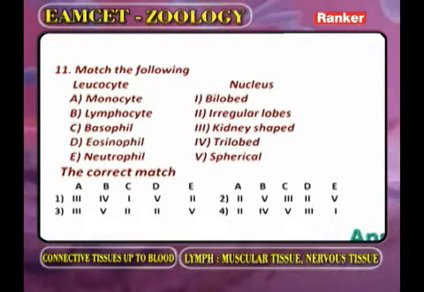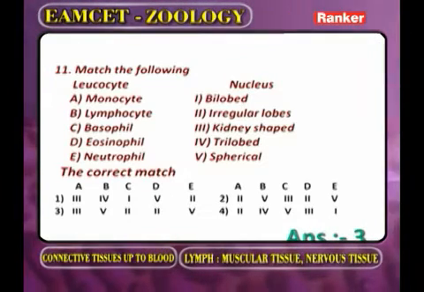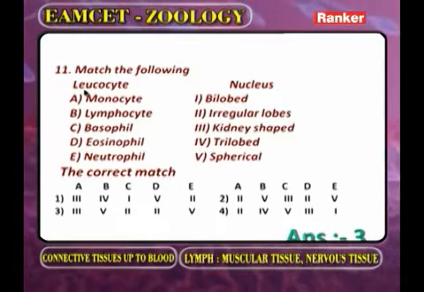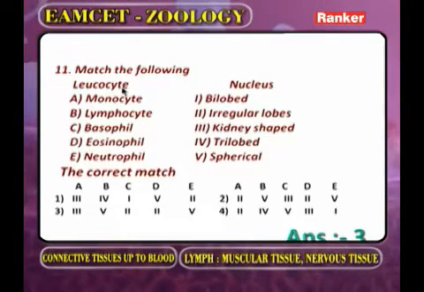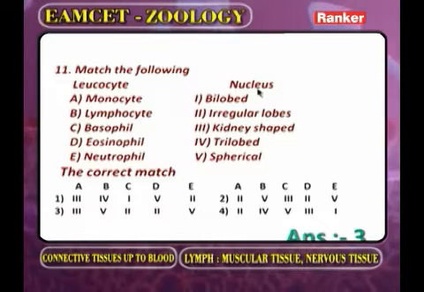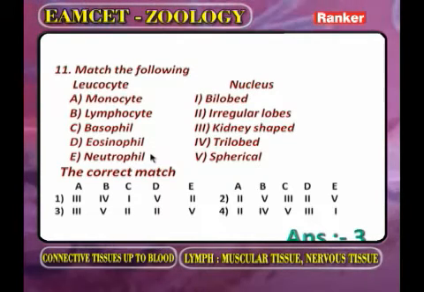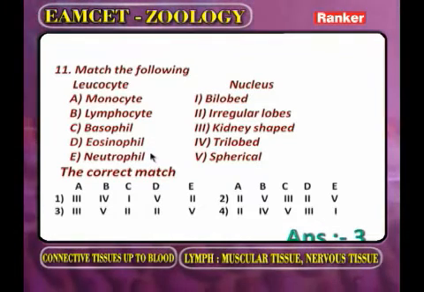Match the following. Now you have to carefully observe list 1 and list 2. In the first one, what is present? The leukocyte, the second is monocyte, the third is lymphocyte, and then basophil, eosinophil, and neutrophil. Now again you have to carefully observe the options.